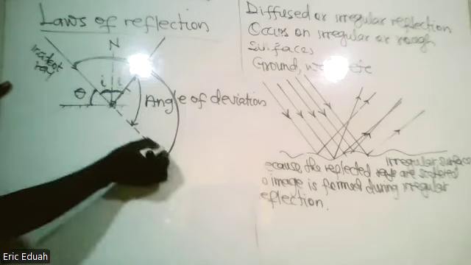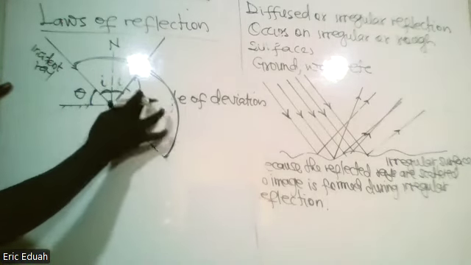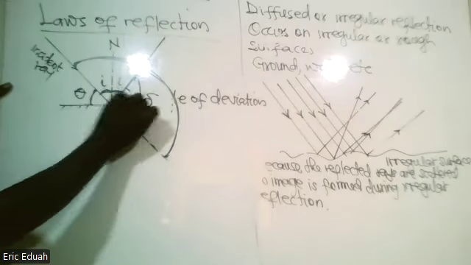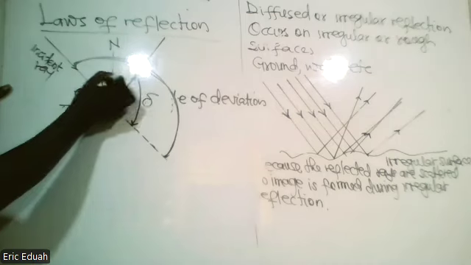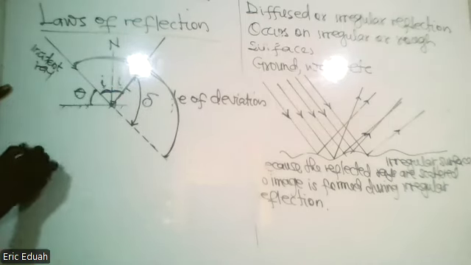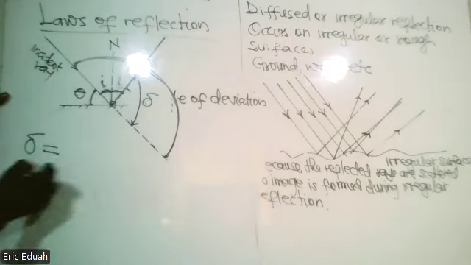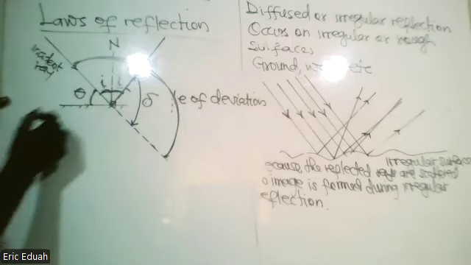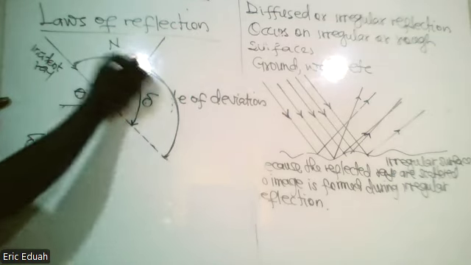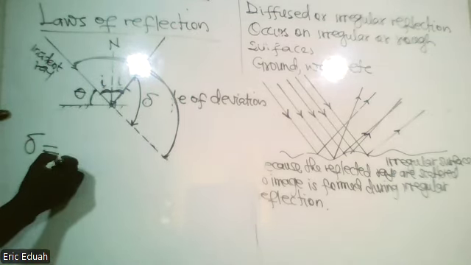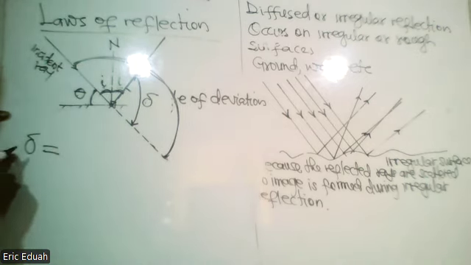So if this is 180 and I'm looking for this, let me represent the angle of deviation by sigma. And this is i and i. Then how can we calculate this angle sigma? We want this angle. The whole angle is 180. How do I determine the angle of deviation sigma?